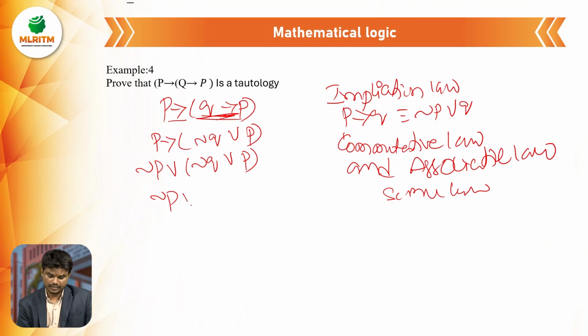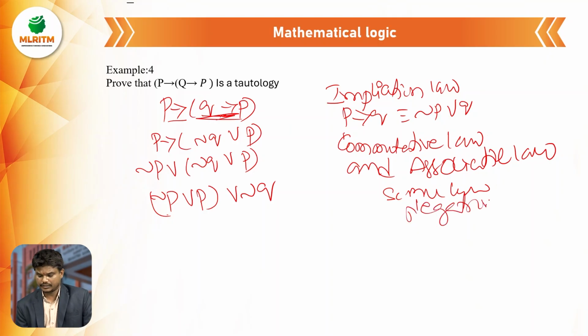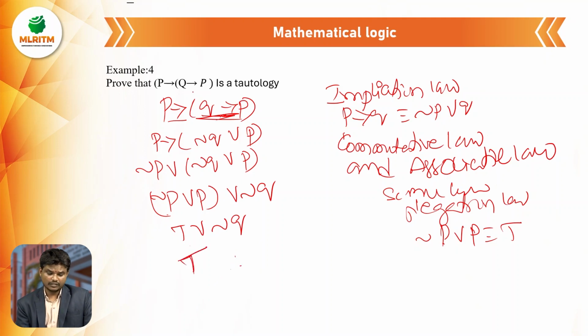Here, ¬P ∨ P ∨ ¬Q. ¬P ∨ P by using the negation law. What is the negation law? ¬P ∨ P is equivalent to true, that is true ∨ ¬Q. Then T ∨ ¬Q is also true. So the given logical equation is a tautology.